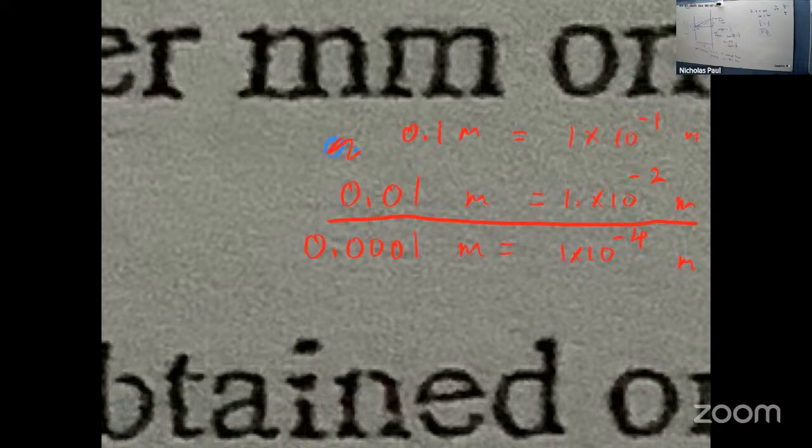How did I go from here to here? How did I go from 0.1 to 0.01? I divide by 10, sorry. And what happened here? The exponent decreased by 1, right?